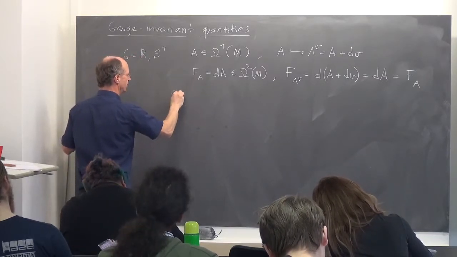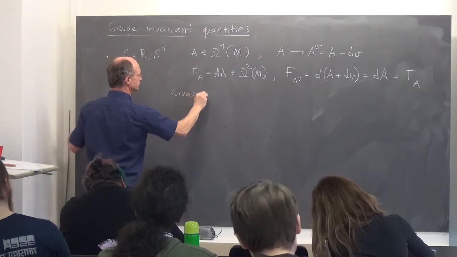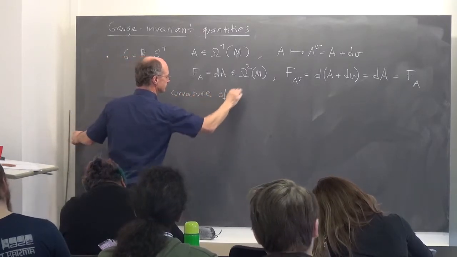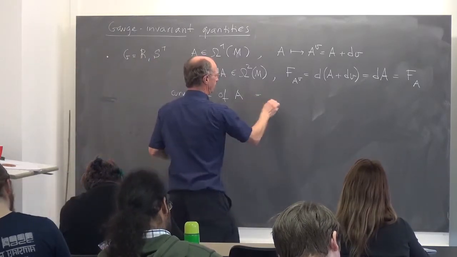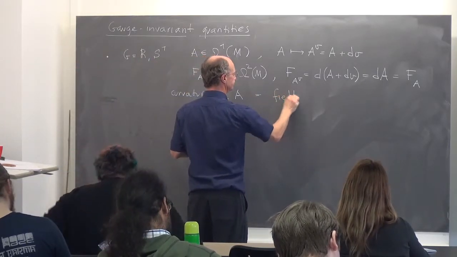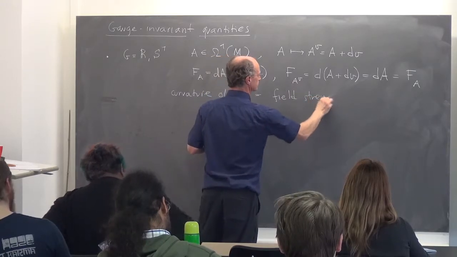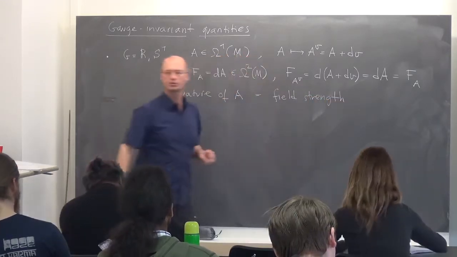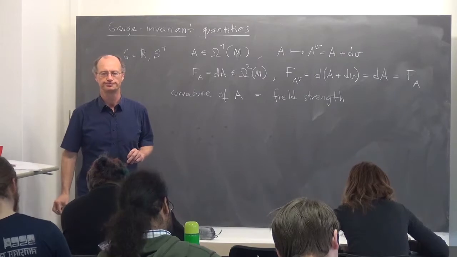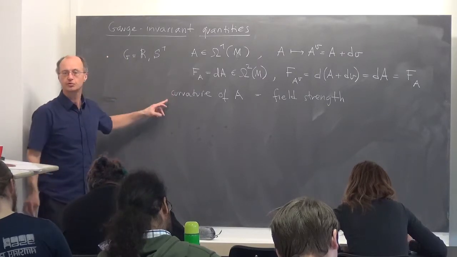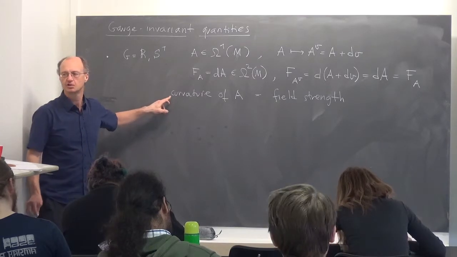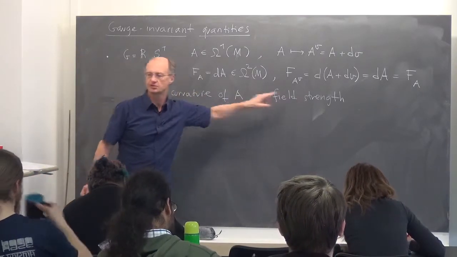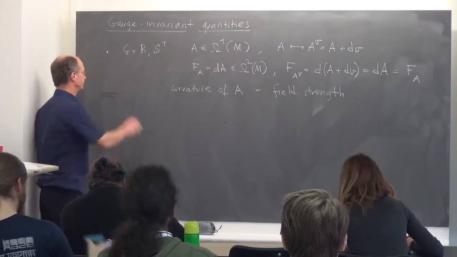So maybe some names for it, right? In mathematics, it would be called the curvature of A, and in physics, it will be called the field strength. So again, for those of you who attended the winter school, you heard a lot about this story in the lectures of Jeffrey Scott.